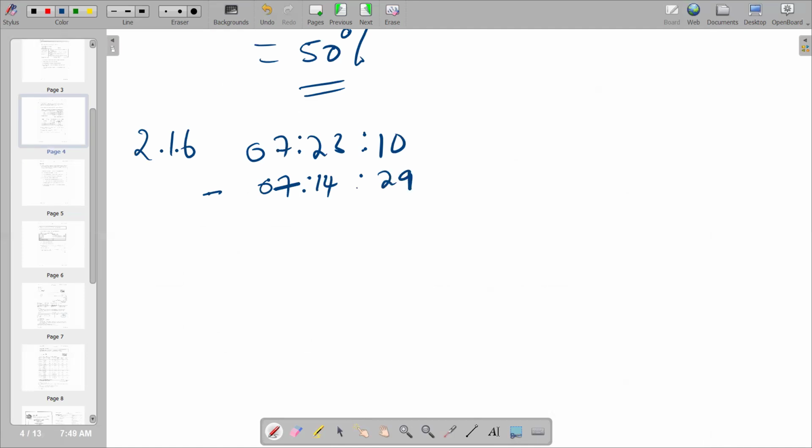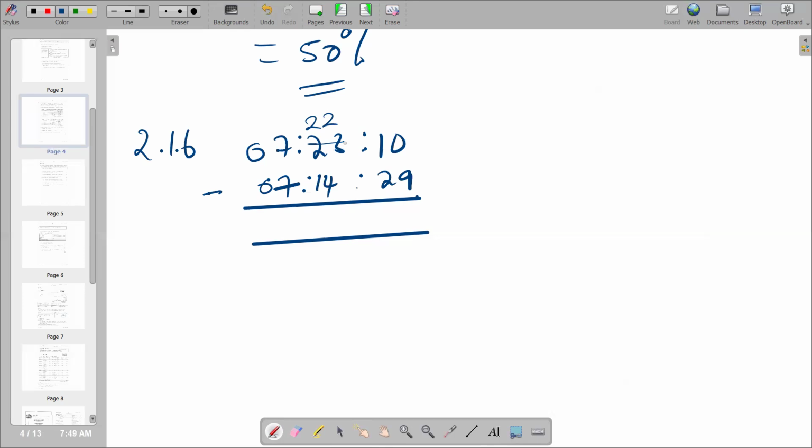So from there we can now find the difference, whereby if you subtract here we would do 10 minus 29, which we can take 1 minute from 23 minutes, and then this one becomes 22. 23 minus 1 gives us 22, and then the 60 seconds that we've taken from 23 as 1 minute here.